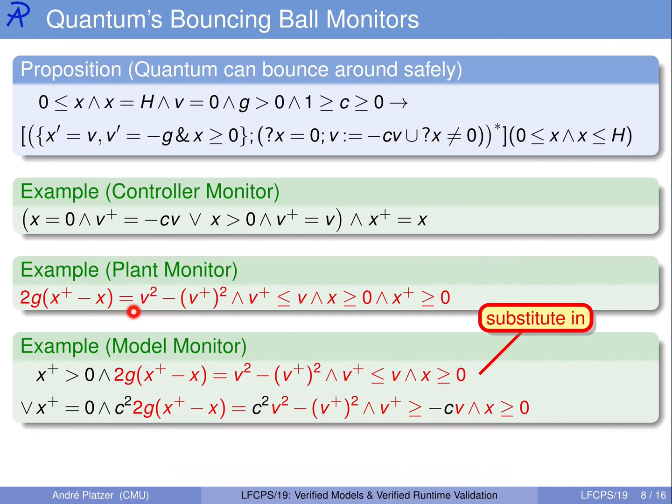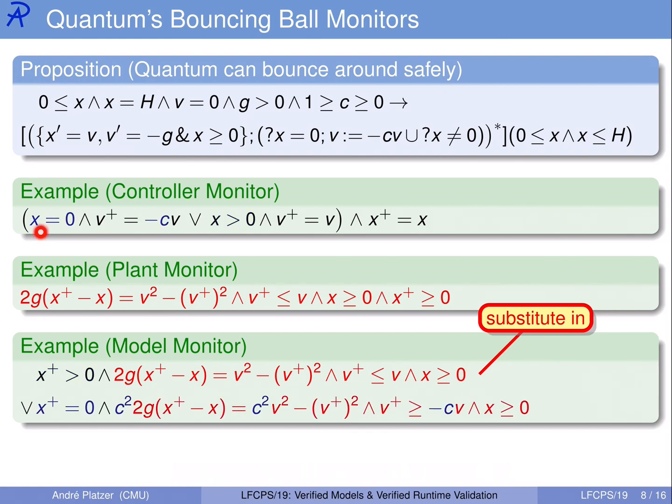This is the plant monitor, which is showing up in multiple parts here, multiplied in funny ways by damping coefficients or squares of that. Where does that come from? Well, from the control monitor, where we said position was above ground, which means the new position after having run this mix is above ground, and the ODE dynamics monitor was satisfied.